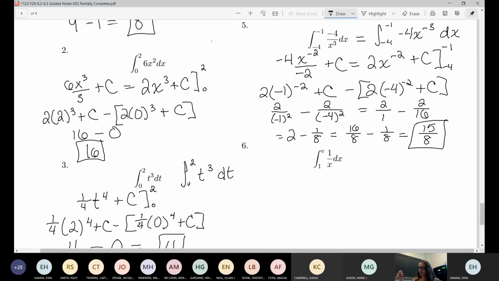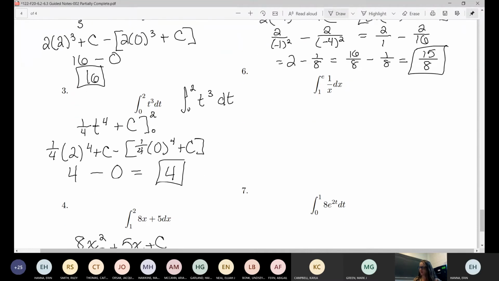Which is why in this next one, the integral from 1 to e of 1 over x, we don't have to change it, because it's x to the first. Since it's x to the first in the denominator, it's the natural log situation. The antiderivative is the natural log of the absolute value of x plus c. And we're going from 1 to e.